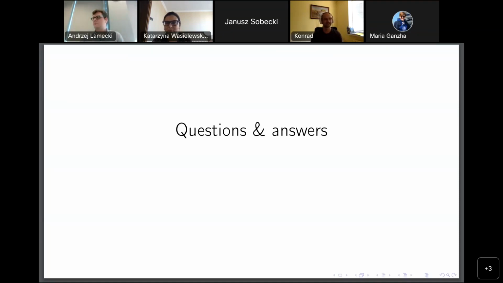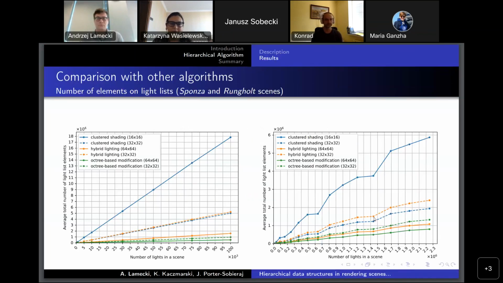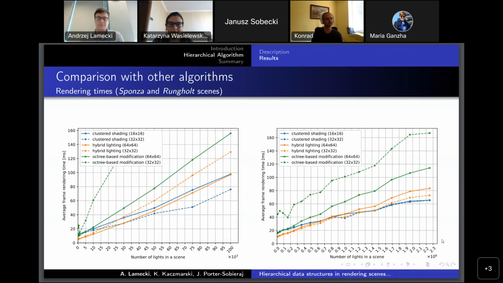Okay, I don't see any more hands raised. I have a question with respect to the results. If you could once more show the diagrams, but the ones where your method got worse results. I think the next one.